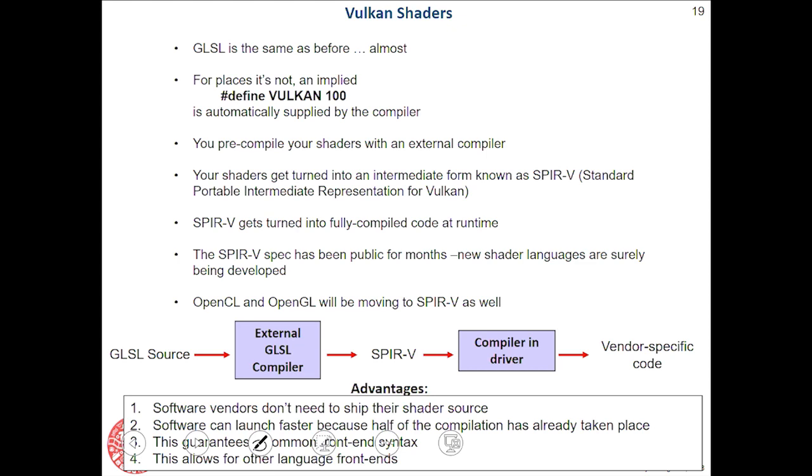Here's a real quick thing on the shaders. We're going to cover this in more detail, but this is a good summary. The good news is it's GLSL. While the Vulkan development was going on, I was scared to death that they were going to do something totally different, thus obsoleting thousands of shaders that all of us have already written for OpenGL. They didn't. It's still GLSL, but there are some differences.